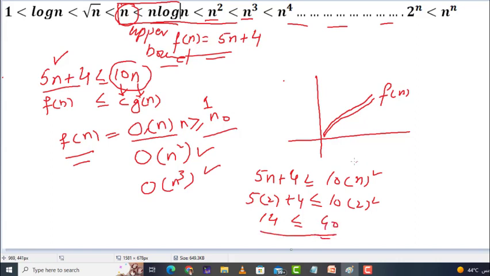If n becomes 1000 or 1 million, there will be a very big gap. It will go exponentially, while f of n will be linear. So try to find a function very close to the particular f of n. Even though the condition is true, you still have to find the more optimized one.